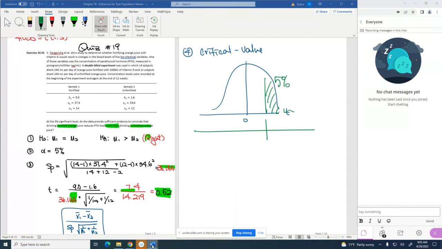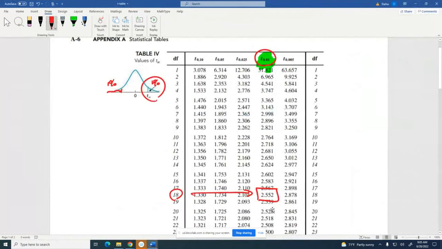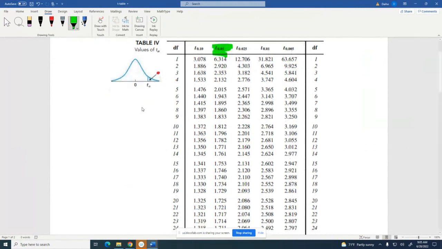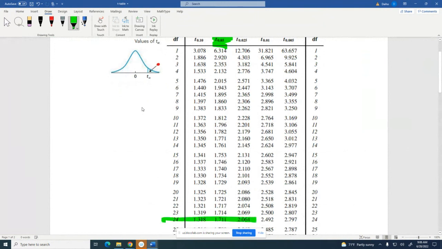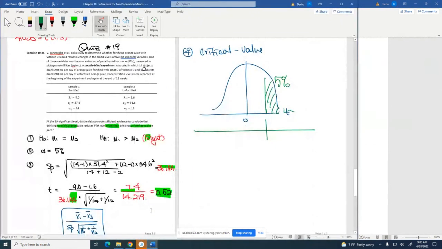We have to go to the t-table. 5%, and how many degrees of freedom? 24. 1.711. The critical value will be positive 1.711.